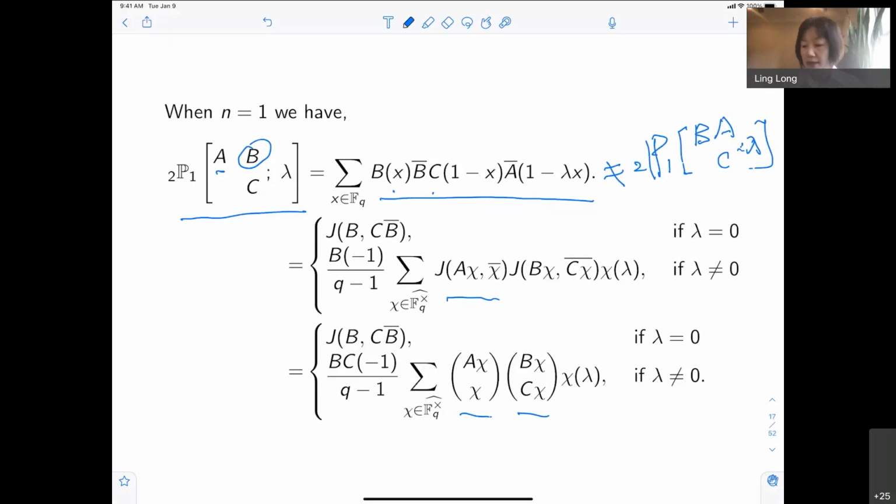And for this case over here, let's briefly look at the values. If I'm doing a naive count for the absolute value, I know that this term over here is square root q, and this one is also square root q. I have more or less q of them summing all together, dividing by q minus 1.